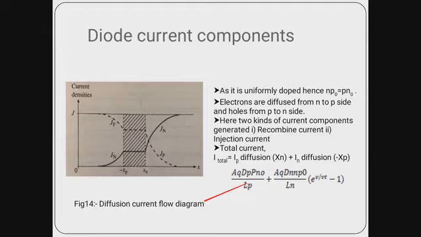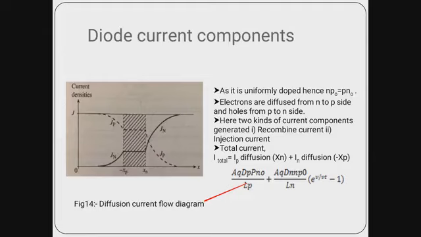The total current will be the summation of the hole current diffused from p to n and the electron current diffused from n to p, which is denoted by these equations: A q Dp pn0 by Lp, the diffusion length, plus A q Dn np0 by Ln, this is for the electron current, times e to the power V upon Vt minus 1. This is the simple diode current equation.